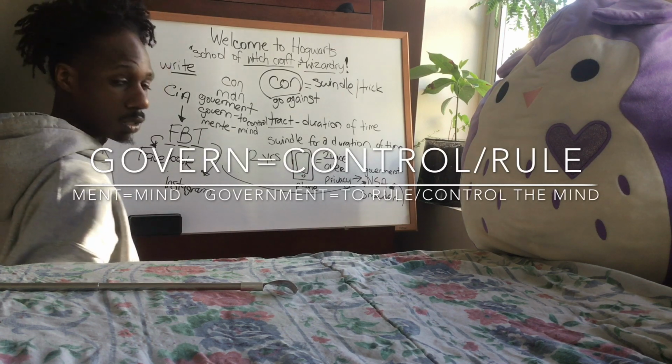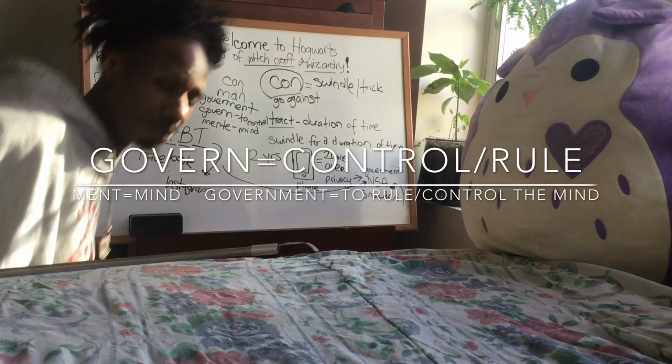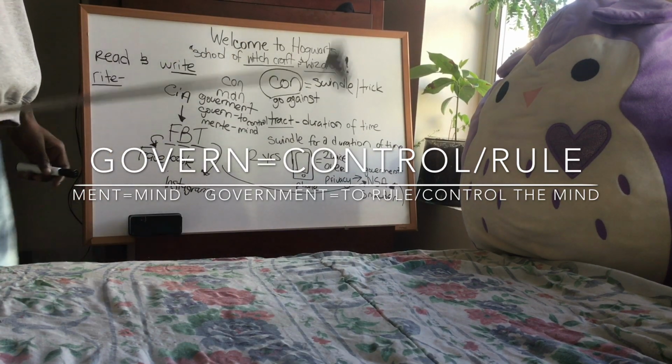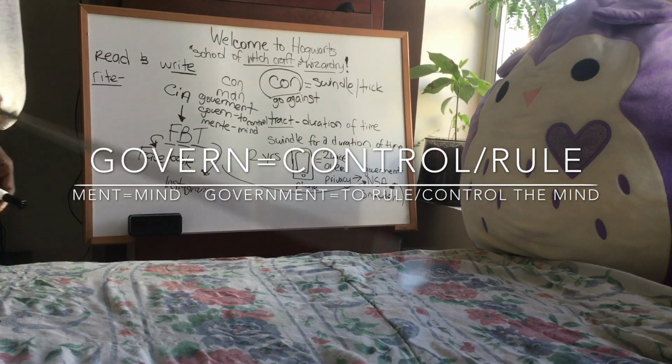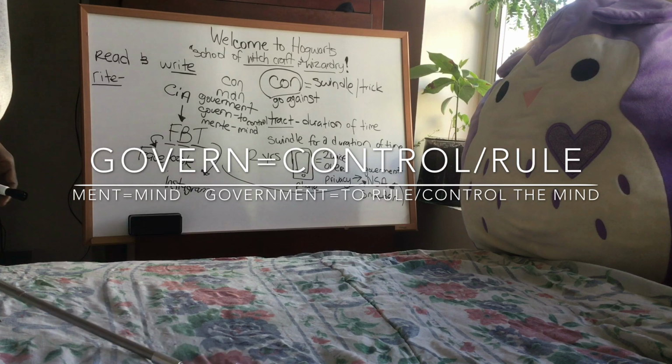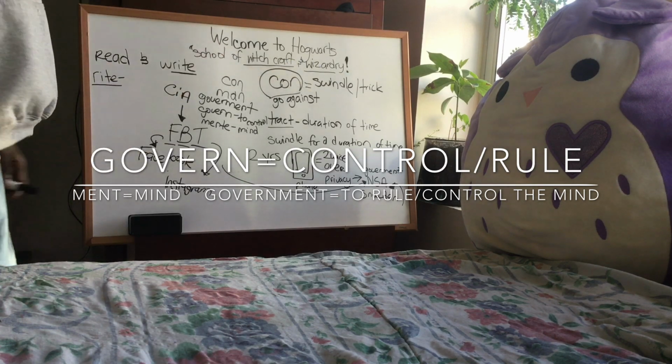So the word government means to control the mind, or mind control. So anybody who's trying to control your mind does not have your best interest at heart. And if you think about it, anybody who's trying to control you is against free will, because free will means you're free to do whatever you want, whether it's good or bad.